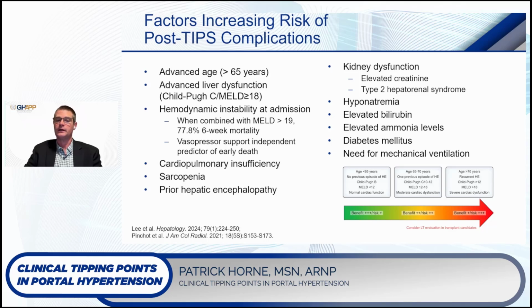Again, cardiopulmonary insufficiency, sarcopenia, or prior hepatic encephalopathy at baseline. Renal dysfunction, including elevated creatinine or hepatorenal syndrome type 2. Again, hyponatremia, elevated bilirubin, elevated ammonia levels, and then comorbidities such as diabetes.